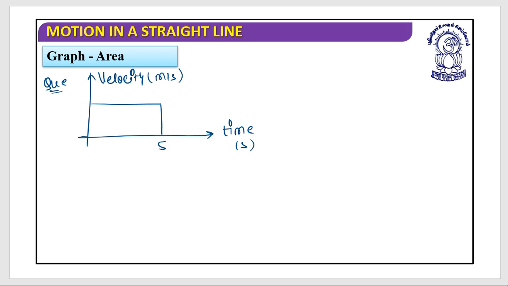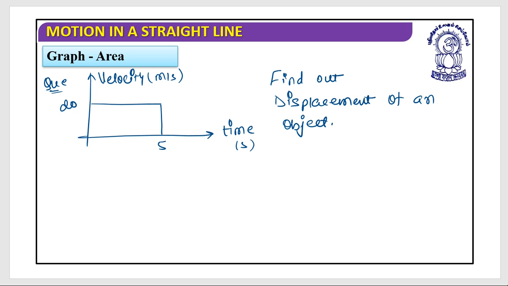This is meter per second. This is 20. You have been asked to find out the displacement of an object.